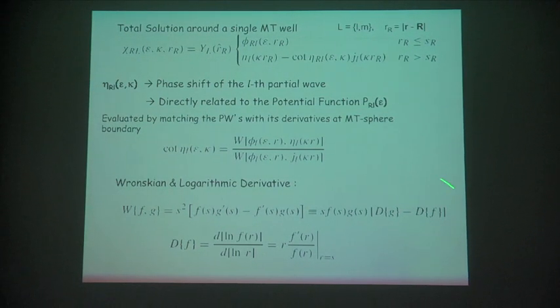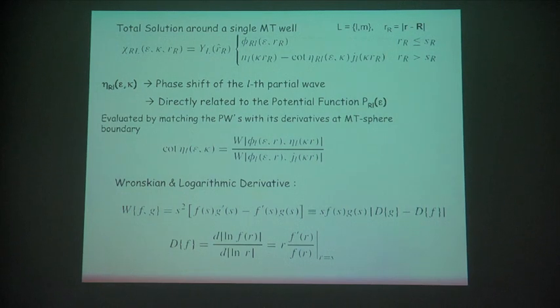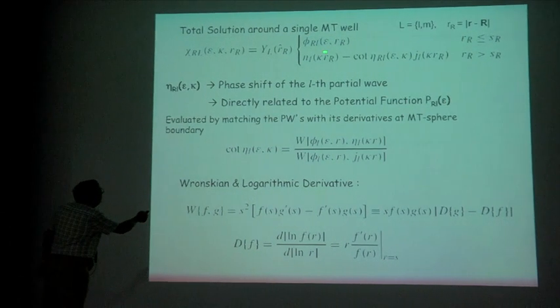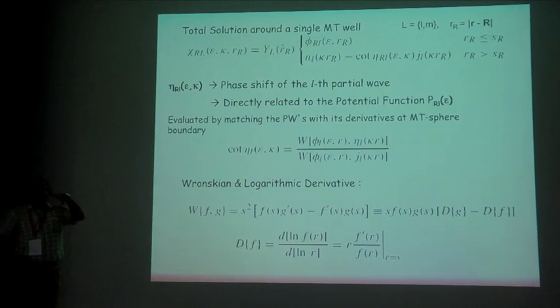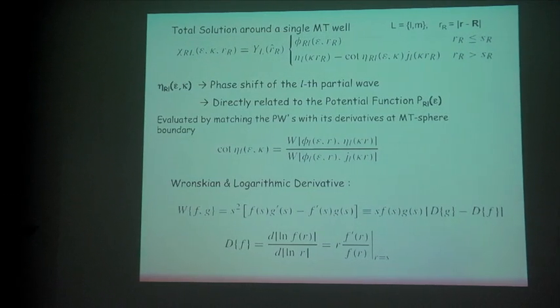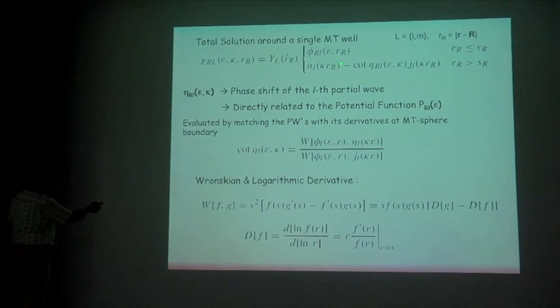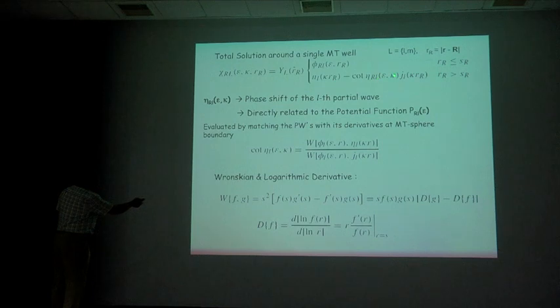Again, this is pure mathematics, and those of you who want to brush up can do so. So you can find this out and substitute. The sum and substance is that for R less than S you have the partial wave solution, and for R greater than S, the interstitial region, you have the solution of the wave equation, with a regular part and an irregular part and a linear combination of them.